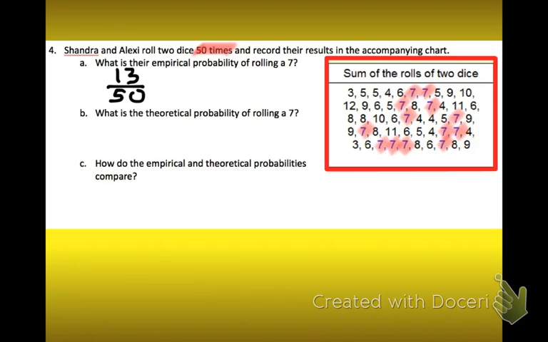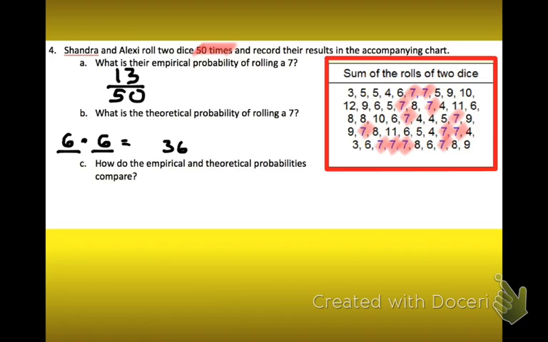Now the theoretical probability of rolling a 7, we would have to figure out the total number of options that there are when you roll 2 dice. So on your first dice, you can get 1 through 6, so that's 6 options. And on the second dice, you can get 1 through 6, which is 6 options. So there are a total of 36 possibilities.